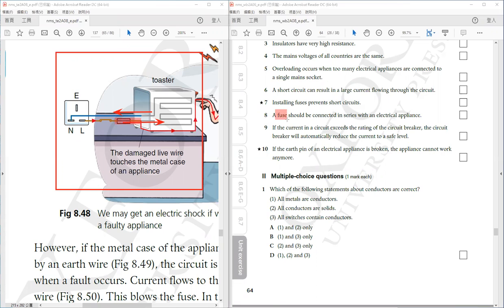Therefore, the fuse should be connected in series with an electrical appliance.